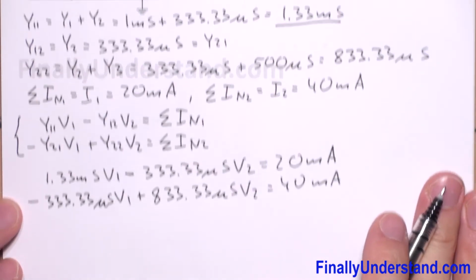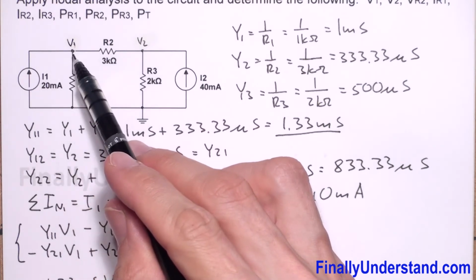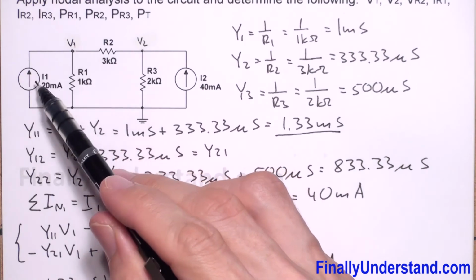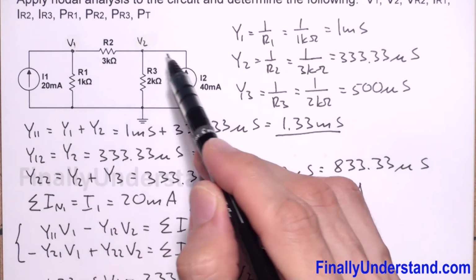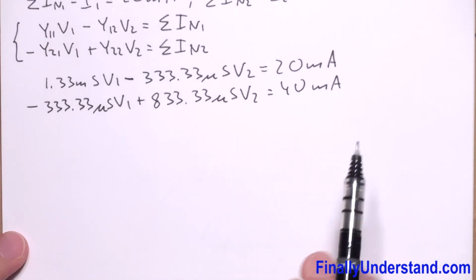Please notice that anytime current is going to the node is positive, has positive value. If current would leave the node, you're supposed to put the negative sign, because these two currents are going to the node. So that's why I keep them positive.